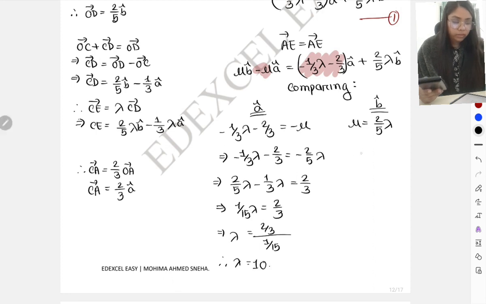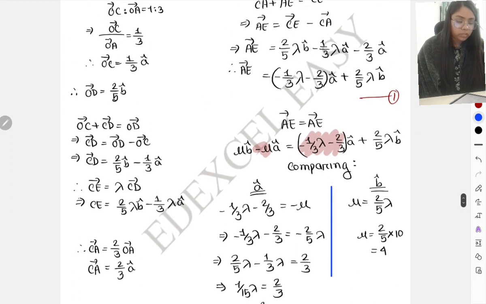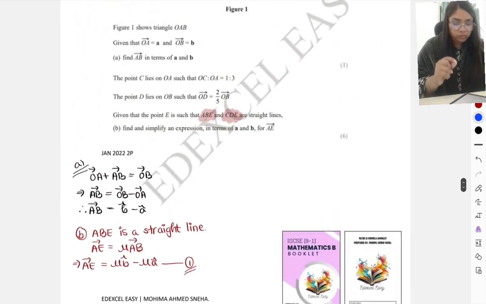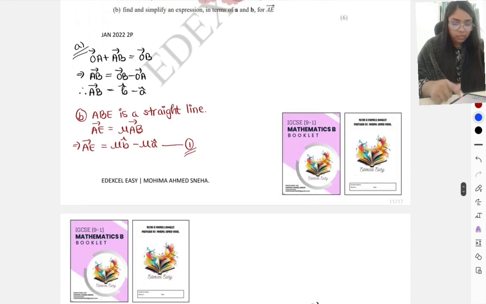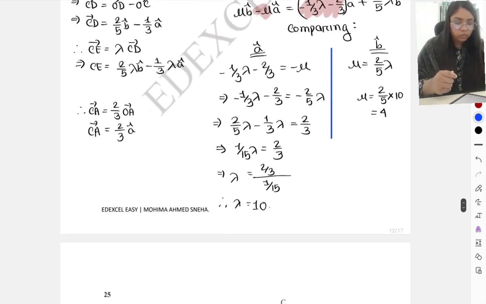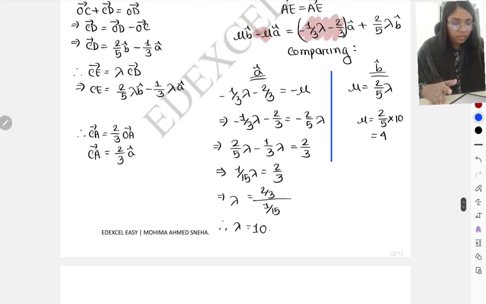And for mu, in that case, mu would be 2 by 5 multiplied with 10, which is 4. So you get the value of mu as 4. Now again, over here also, maybe they never try to find out the value for lambda or mu. Over here, they ask you to calculate the length of AE, right? So I'll obviously use the first one, mu B minus mu A, which is going to be 4B minus 4A, which is very easy.